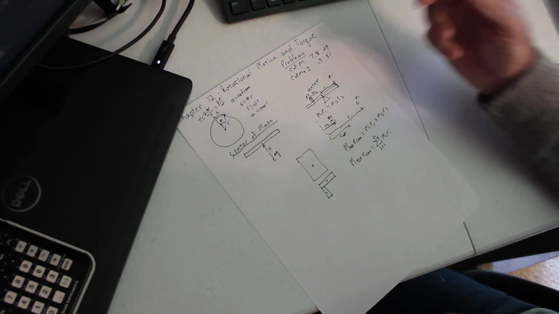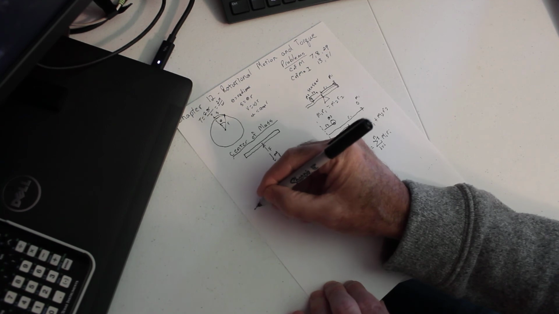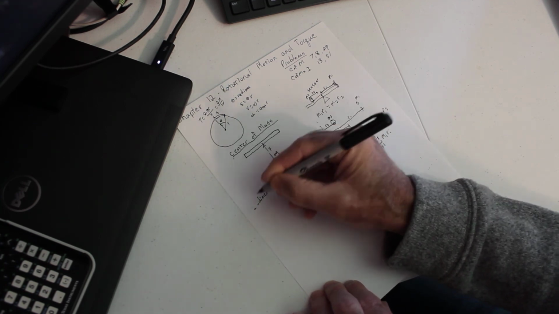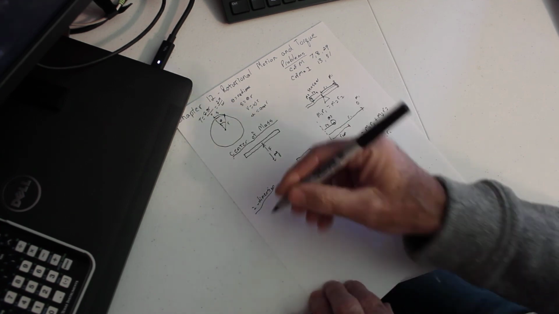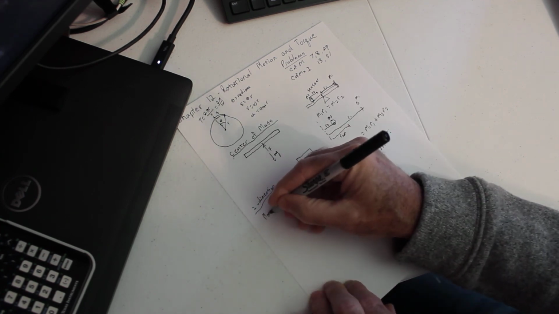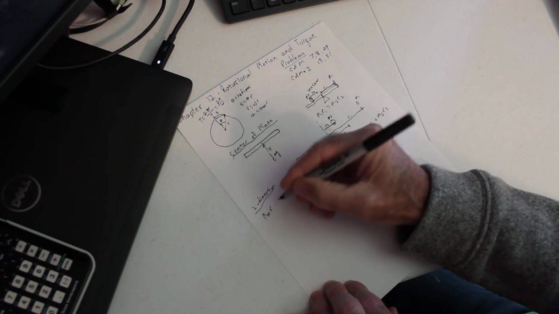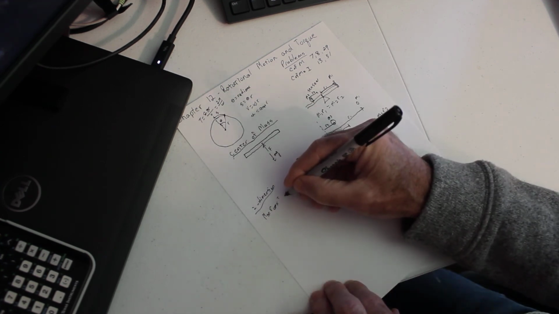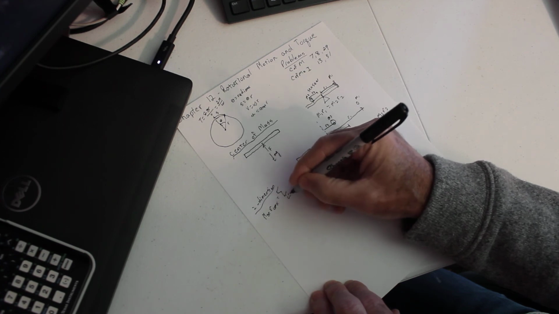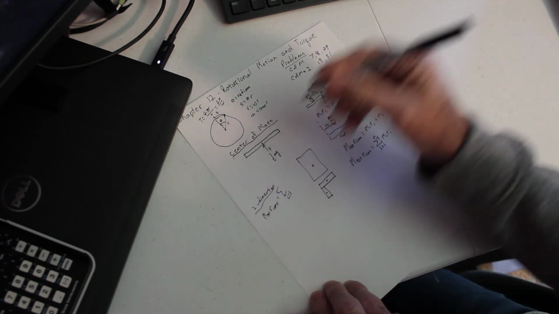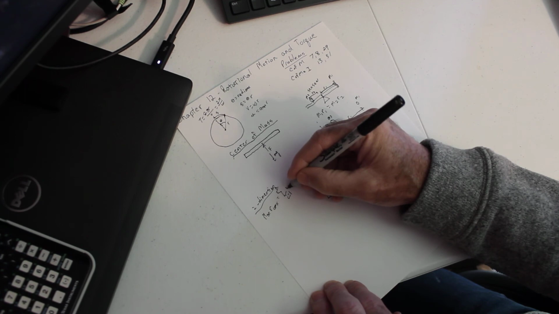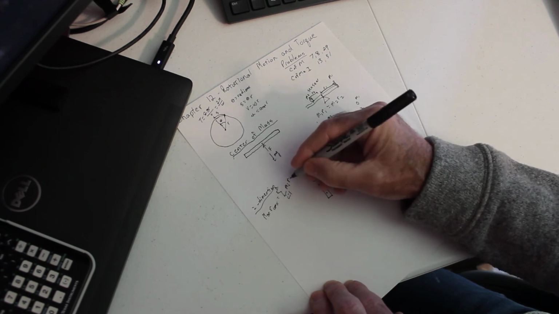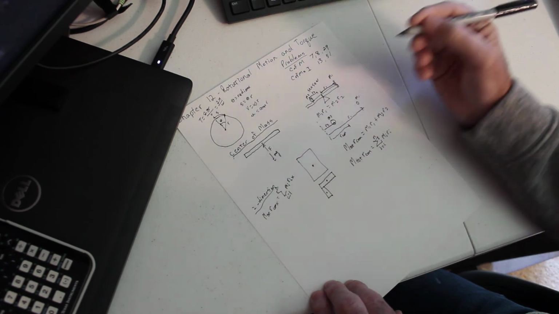All right, remember in 2 dimensions, you have to do this twice. So you have M total times R center of mass in the x direction is equal to the sum from i equals 1 to n of m sub i times r sub i sub x.